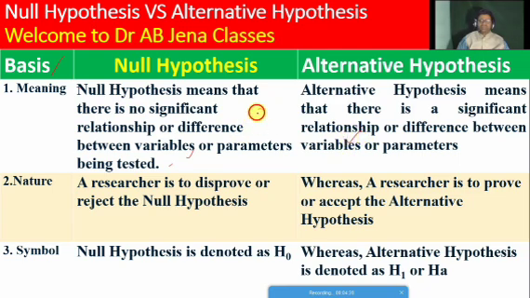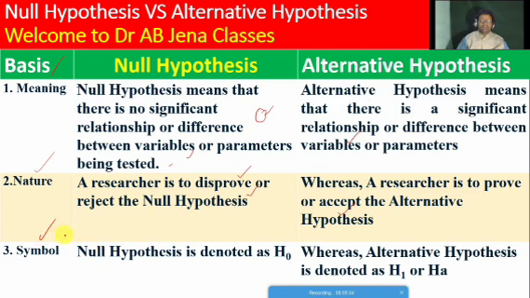In a previous video I have already discussed the different types of hypothesis. Now, on the basis of nature, what is the basic nature of the null hypothesis? A researcher tries to disprove or reject the null hypothesis, whereas a researcher tries to prove or accept the alternative hypothesis.